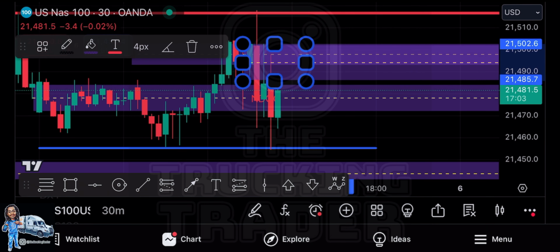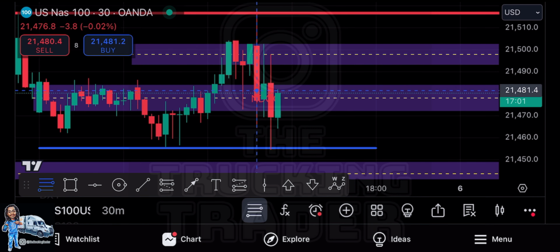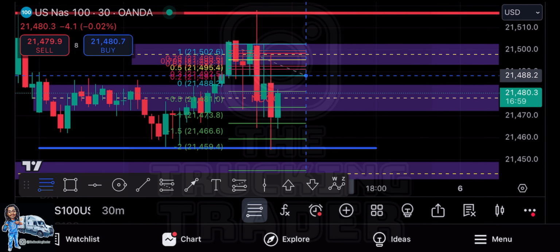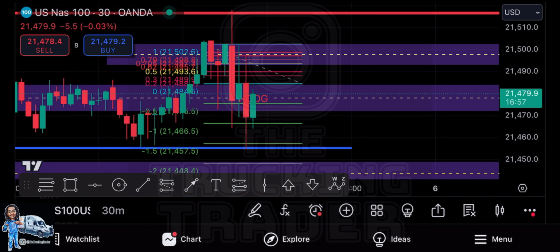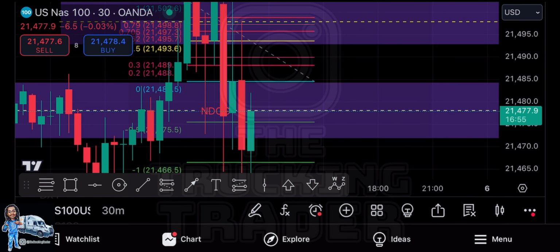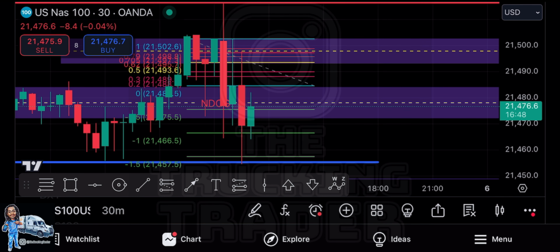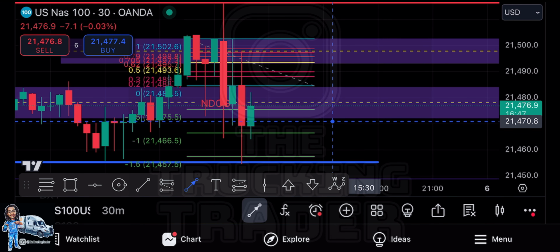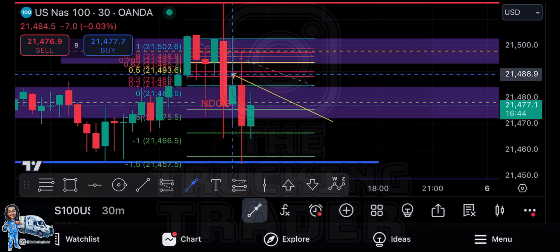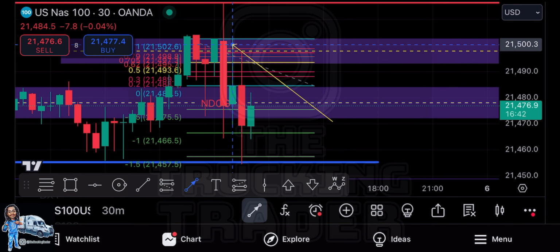But I noticed on the 30-minute time frame, there was a propulsion block right here. So you measure out when you're looking at an order block and a propulsion block. Essentially, a propulsion block is when the candle goes up to hit into the order block. You see how it made this big wick right here?